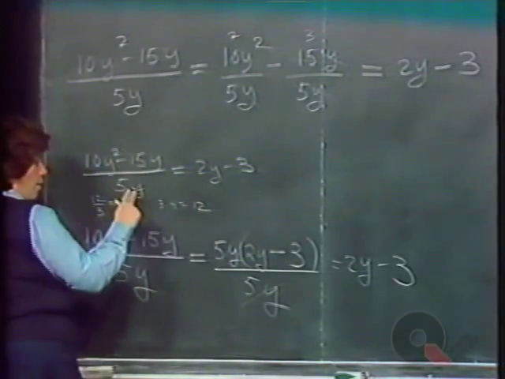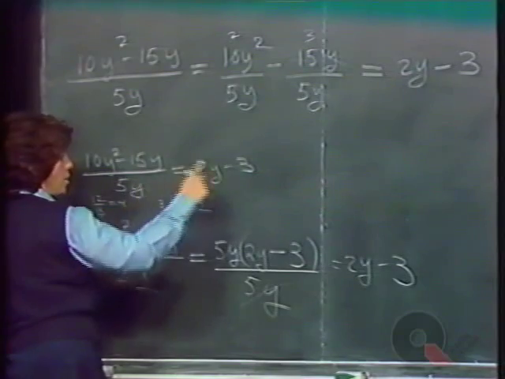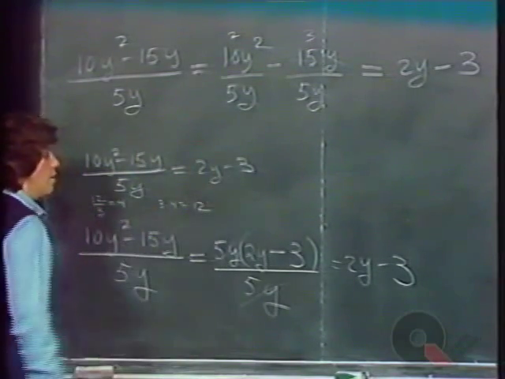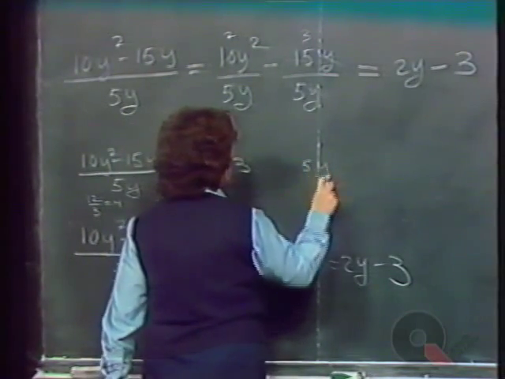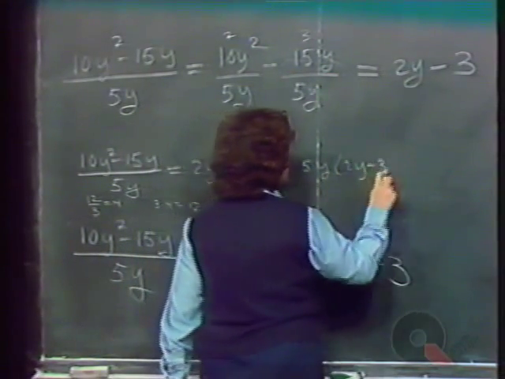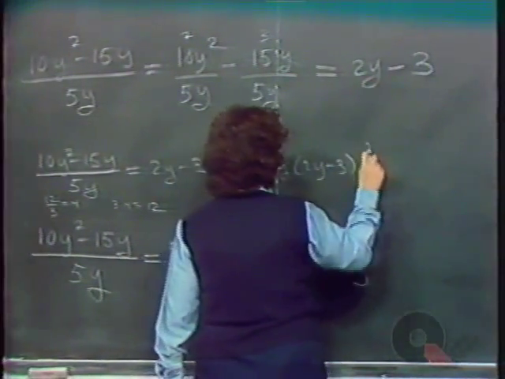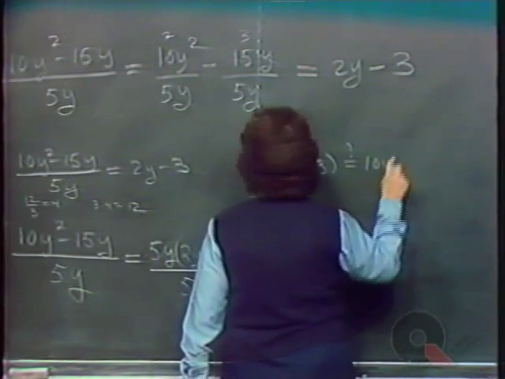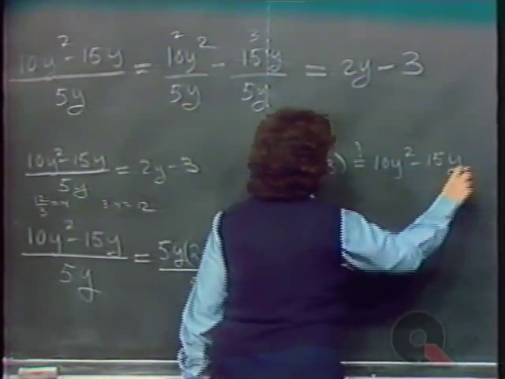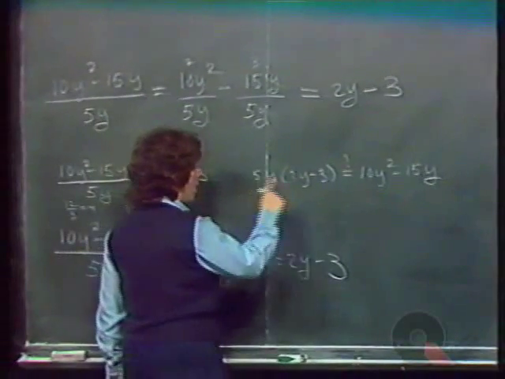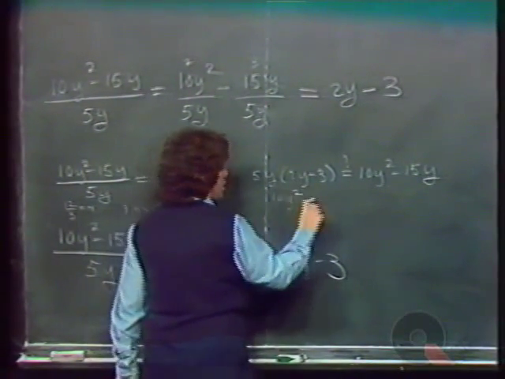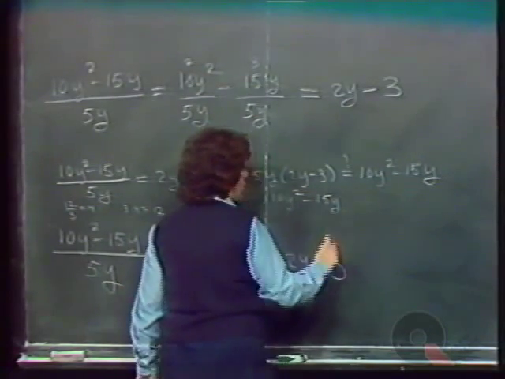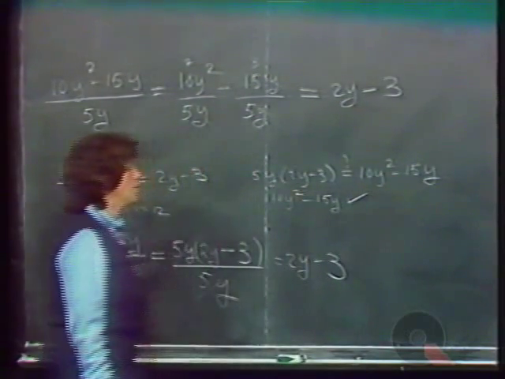This is like the 12 divided by 3 equals 4. So 3 times 4 should be 12, if this is in fact the right answer. Okay, in other words, 5y times the 2y minus 3 should be equal to the 10y squared minus 15y. And of course, if you multiply it out, you do get 5 times 2, 10y squared minus 15y. So it works out.